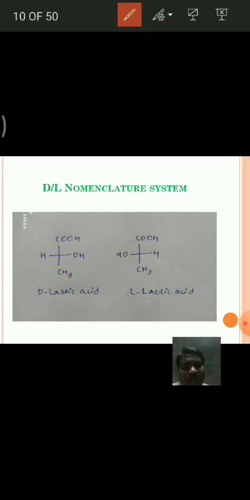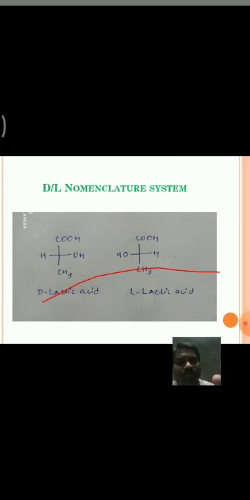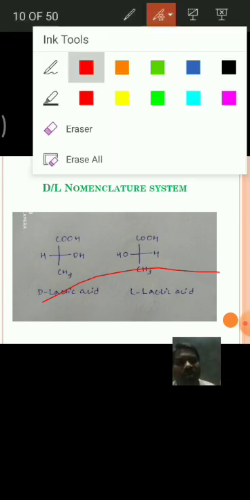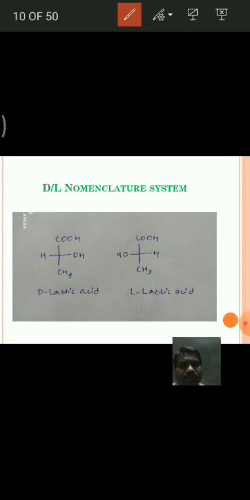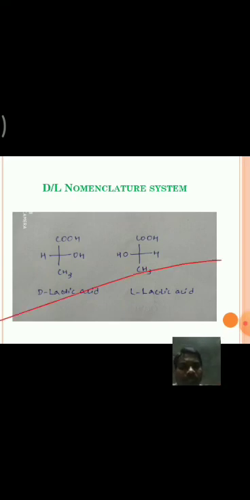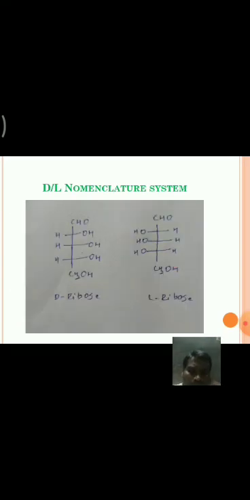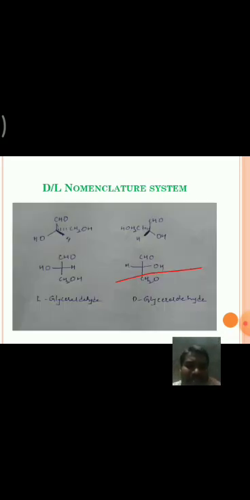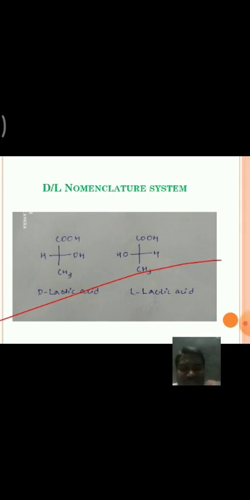Then, coming to one more example, see here. For example, this is ribose, and here the question comes of how to assign DL nomenclature, because here we have more than one chiral center. In the previous examples, glyceraldehyde as well as lactic acid, we have only one chiral center.